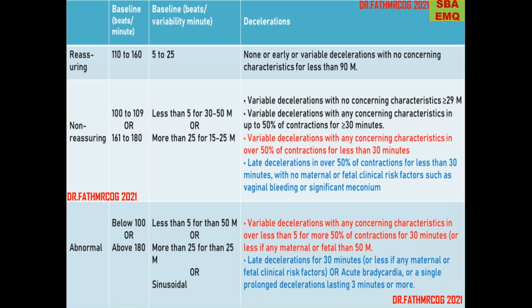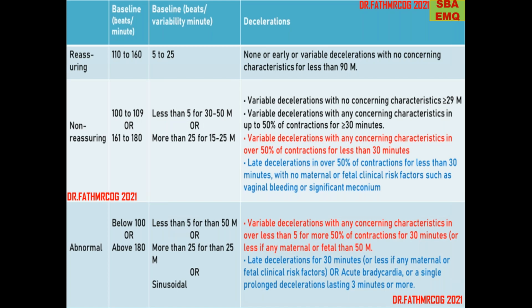Yes, if less than 5 beats per minute, the duration is 30 to 50. But why is the duration less? It depends on the variability, less than 5 or more than 25.